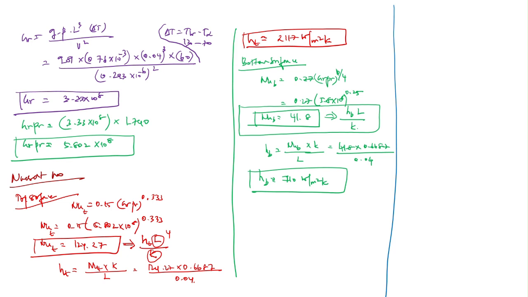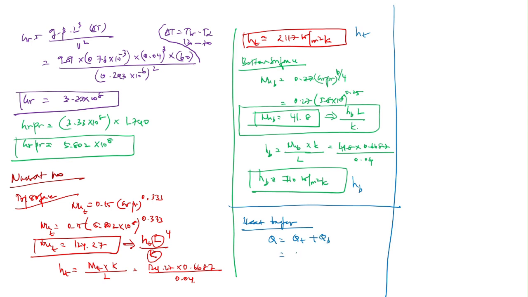So one is the h top surface, then the next one is the bottom surface. Then you find the heat transfer that takes place on both sides. So Q is equal to Q at the top plus Q at the bottom.